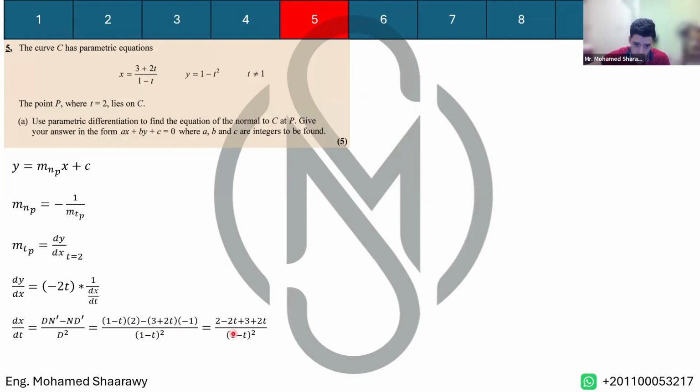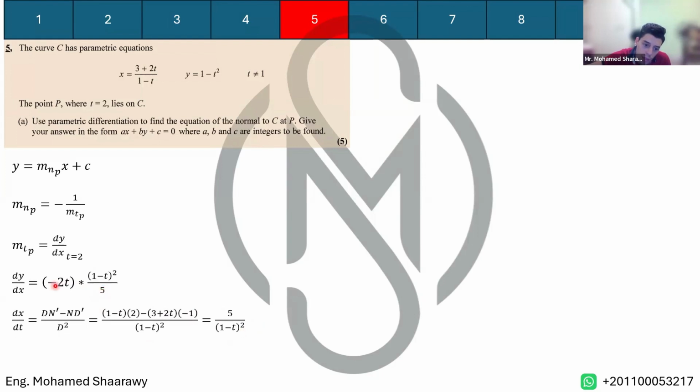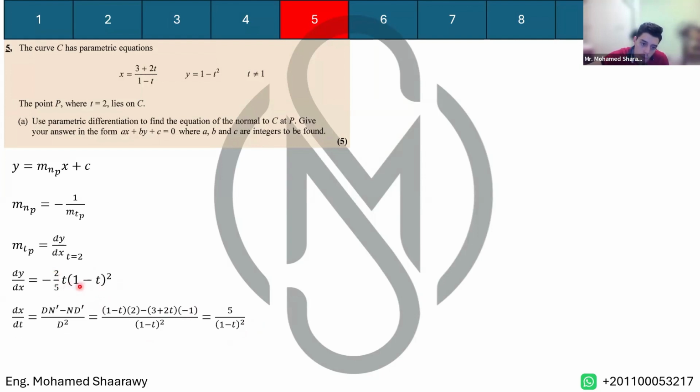And (1 minus t) squared is just the same. 2 plus 3 is 5, and negative 2t plus 2t cancelled out. I now can replace this 1 over dx/dt, which is the reciprocal of this, so it's (1 minus t) squared all over 5. And now I can re-simplify this again, so it will be negative 2t over 5, times (1 minus t) all squared.